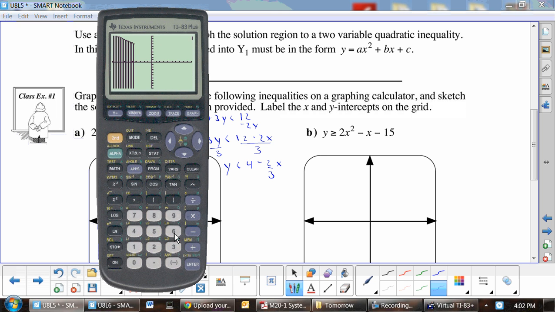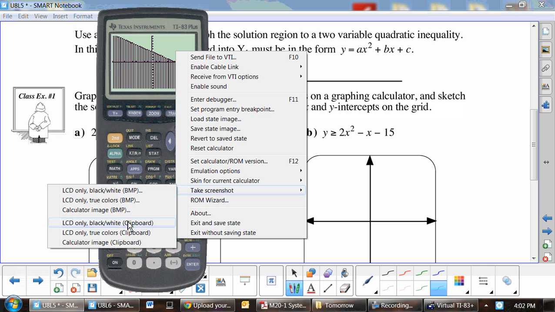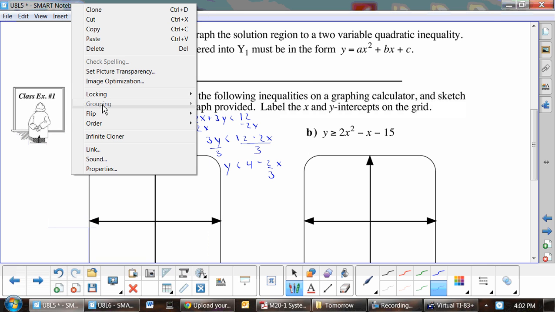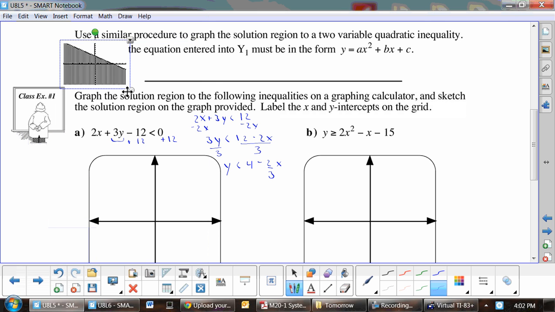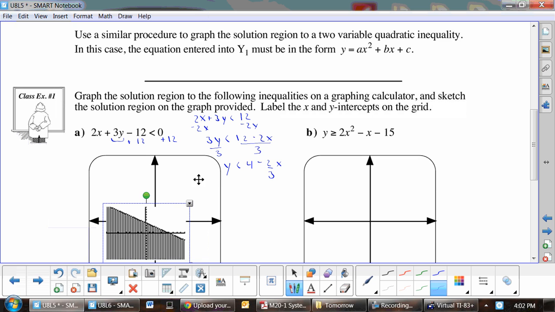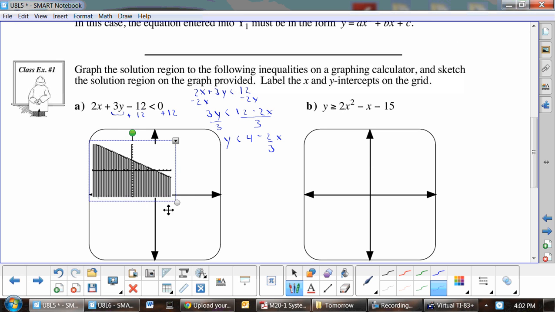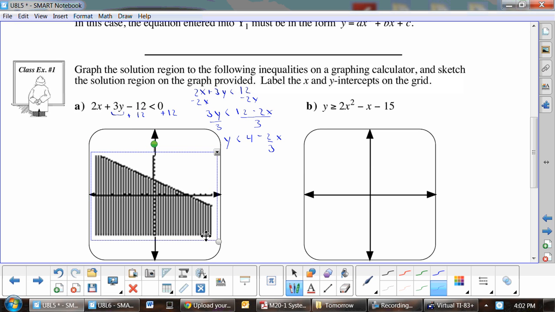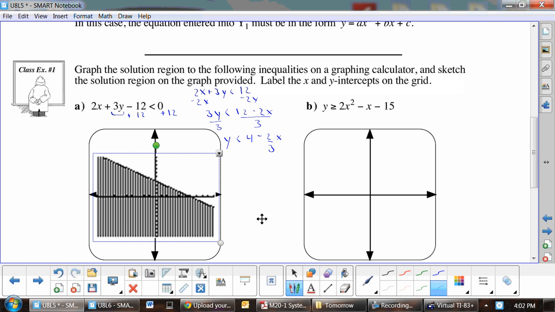And we graph it, and it looks like that. So this is something you'd want to put in your notes. You can draw a picture of it. Sure. It'll look just as nice as this one. Okay, so then we find that everything below this line here is our solution.